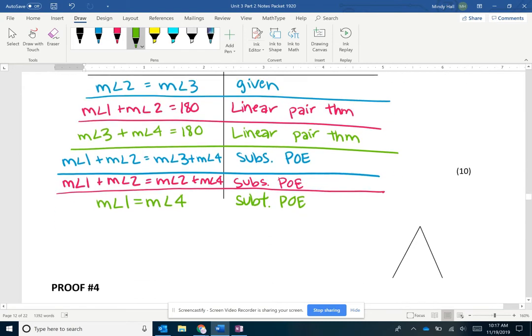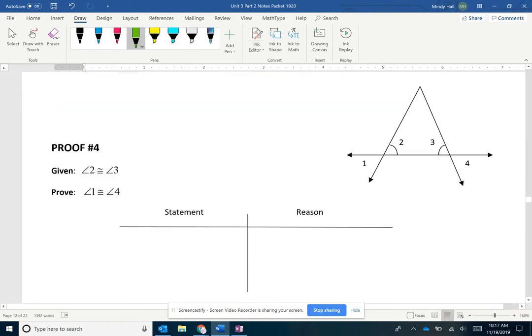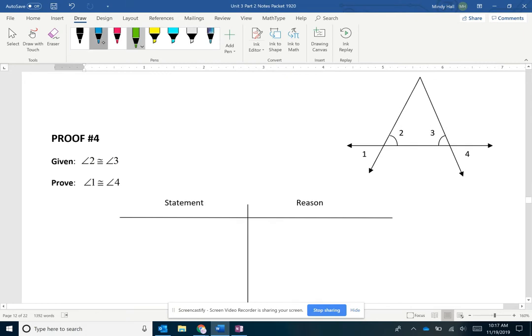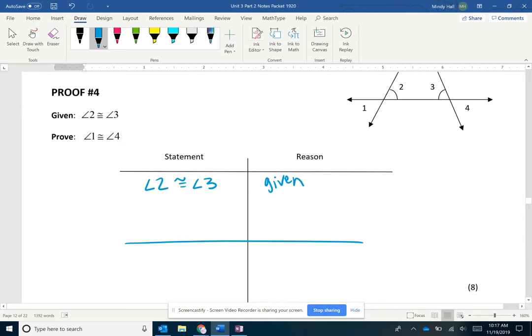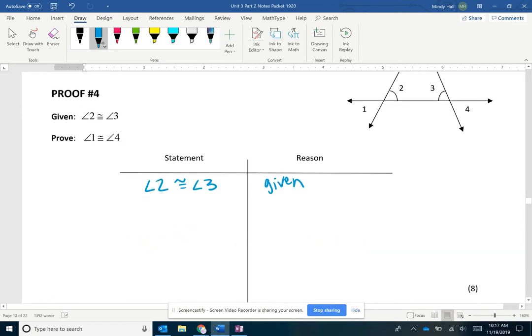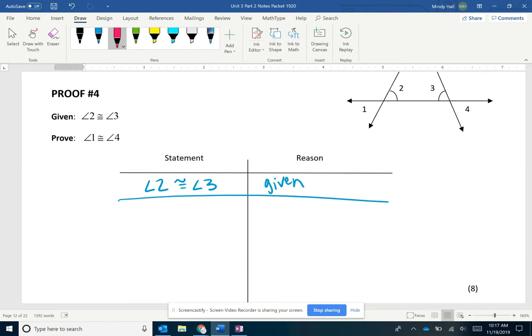Okay, so for number 4, we are given that angle 2 is congruent to angle 3. So, given, and we are trying to prove that angle 1 is congruent to angle 4. So, if 2 and 3 are congruent, that's all great and dandy.